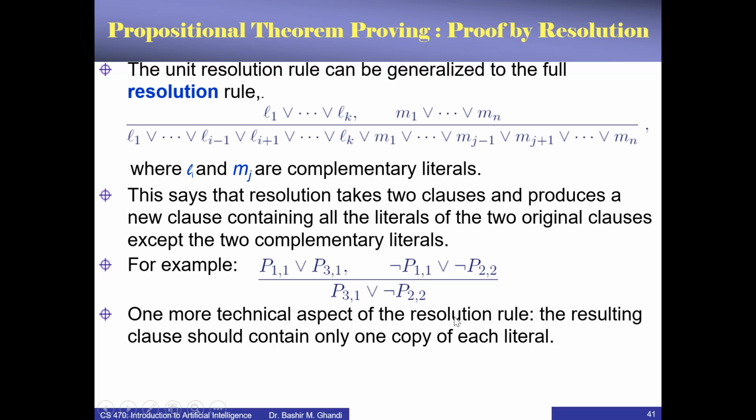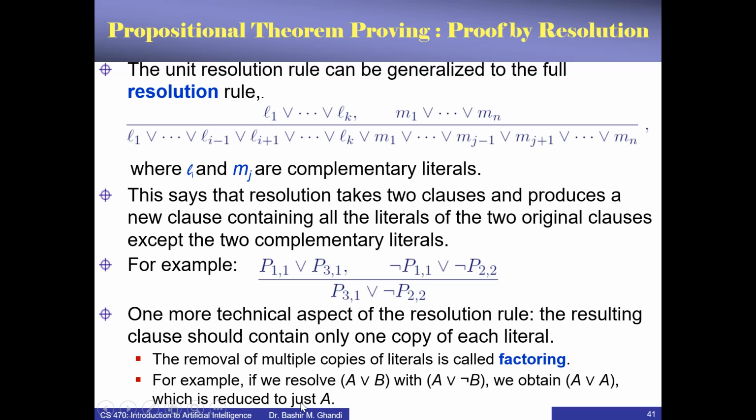One more technical aspect of the resolution rule is that the resulting clause should not contain repeated literals. In other words, it should contain only one copy of each literal. We need to remove multiple copies of literals, and that is called factoring.